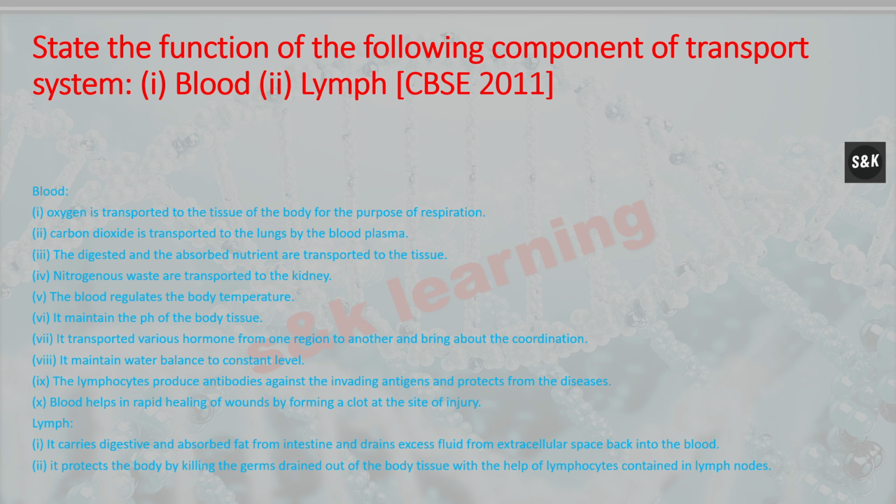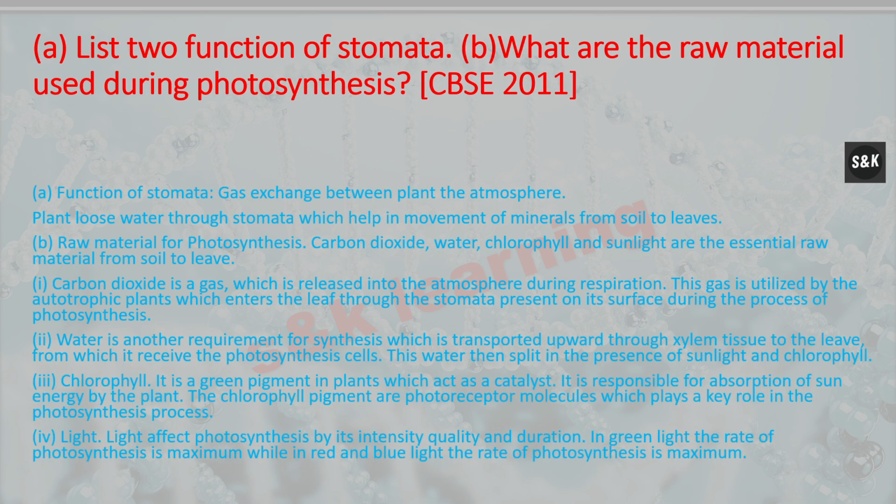It carries digested and absorbed fat from the intestine and drains excess fluid from extracellular space back into the blood. Second, it protects the body by killing the germs drained out of the body tissue with the help of lymphocytes contained in lymph nodes. Next, list the functions of stomata.